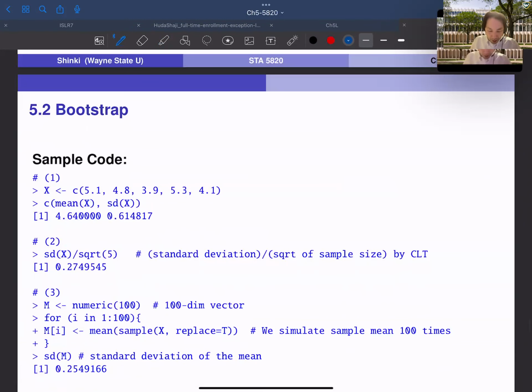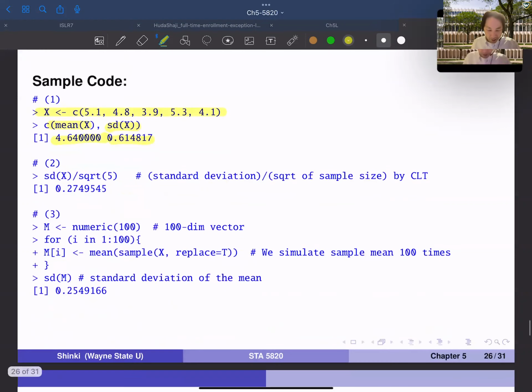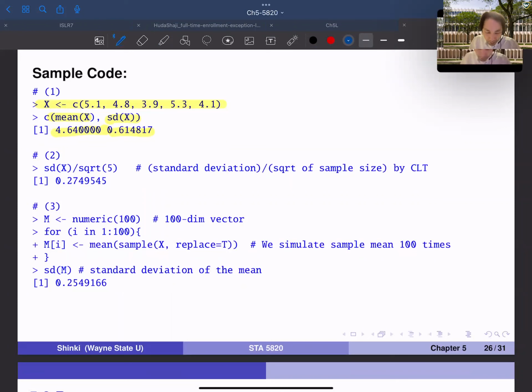Okay, so at first, the mean and the standard deviation here. The mean is 4.64, standard deviation 0.614. So these are just descriptive statistics. Based on the assumption that these are independent, we have x1, x2, x3, x4, x5.